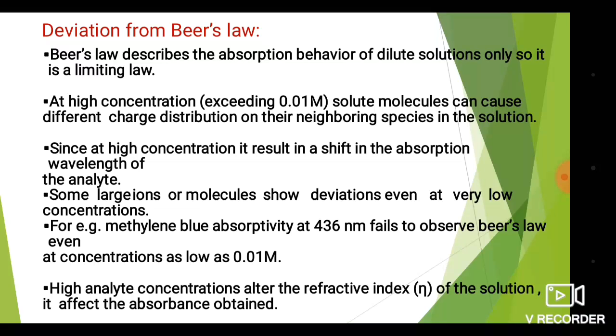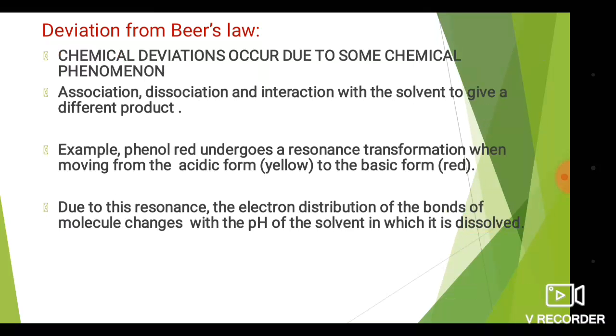Because of the intense nature of methylene blue, high analyte concentrations alter the refractive index of the solution. It affects the absorbance obtained. So the refractive index is also altered or affected by high analyte concentration.